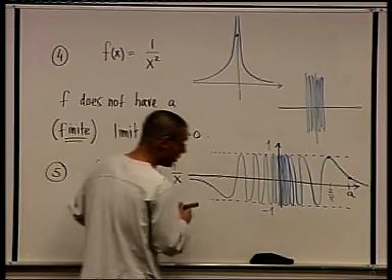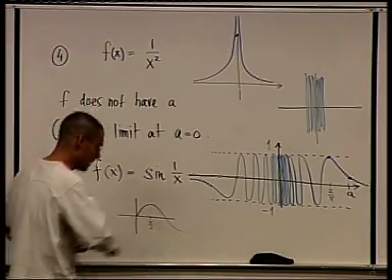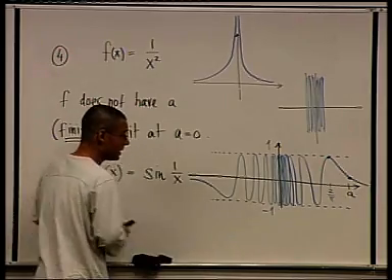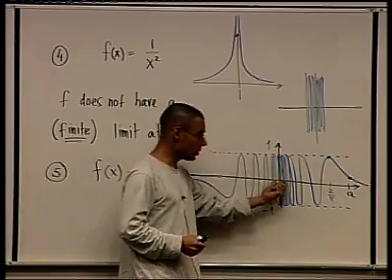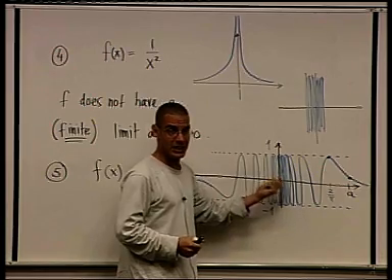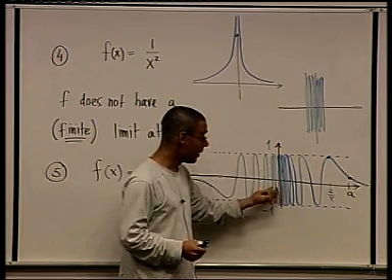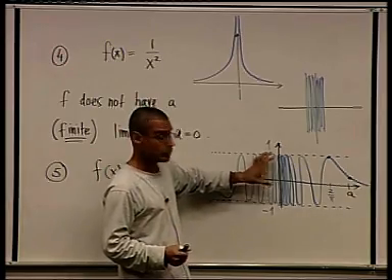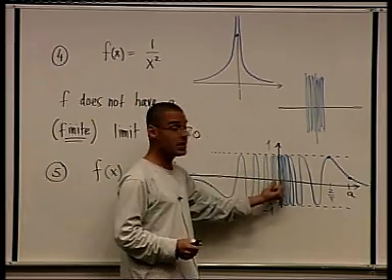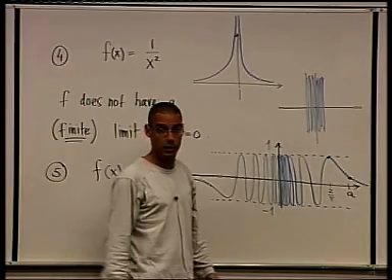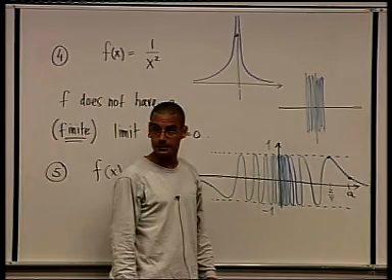And at 0, it's not going to have a limit. Why? Because no matter how close you are to 0, you cannot guarantee the values of the function, the f of x's, being close to any L. No matter how close a neighborhood you take of 0, the values are always going to oscillate between -1 and 1. Do you see that?